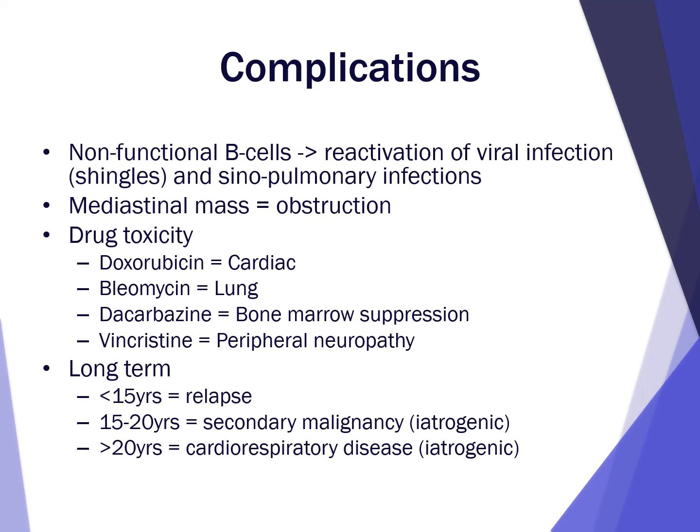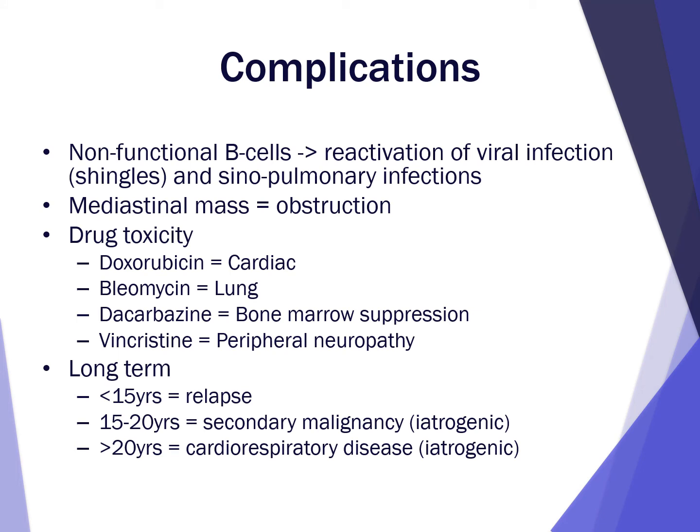If we then consider the iatrogenic harm from the chemotherapy regimes, you have doxorubicin, which mainly has cardiac toxicity, bleomycin, causing lung fibrosis, dacarbazine, which can cause bone marrow suppression and cytopenias, and vincristine, which causes peripheral neuropathy.